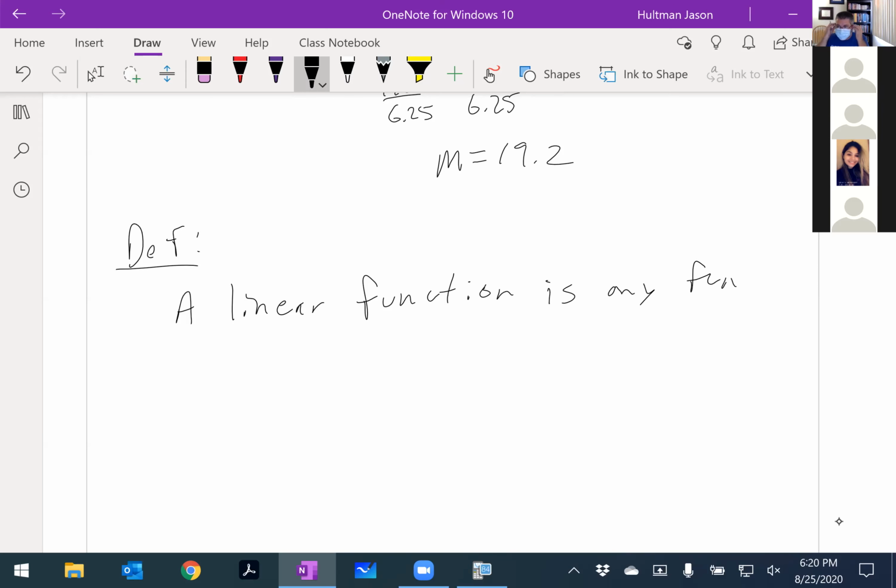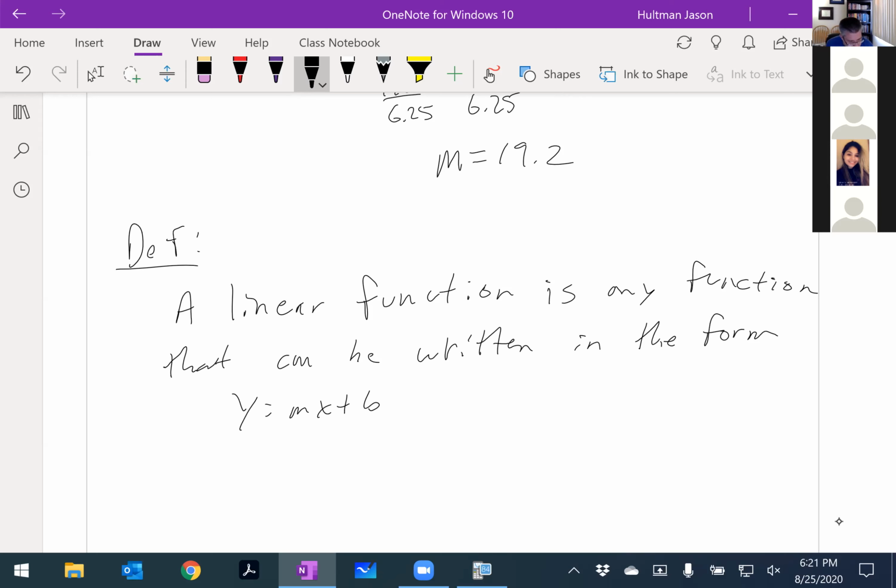Okay, a linear function is any function that can be written in the form y equals mx plus b, where m is the slope and b is the y-intercept.